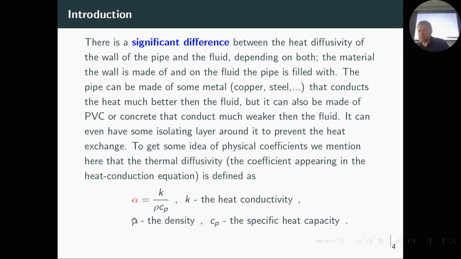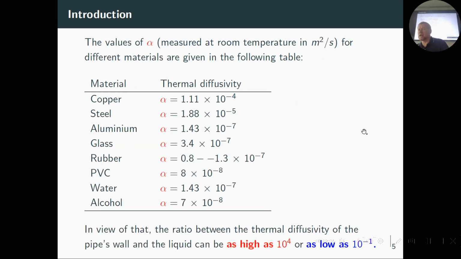So just some notations. Alpha here is the coefficient which appears in the heat conduction equation. So we usually call it the diffusivity coefficient. It's actually defined as the ratio between the heat conductivity and the density of the fluid and the specific heat capacity of the fluid. Now, this alpha, which appears in the heat conduction equation, can be very different depending on the material the pipe is made of.